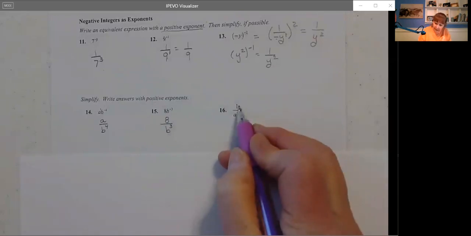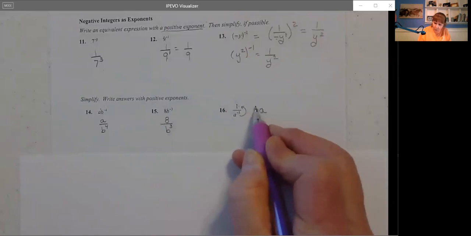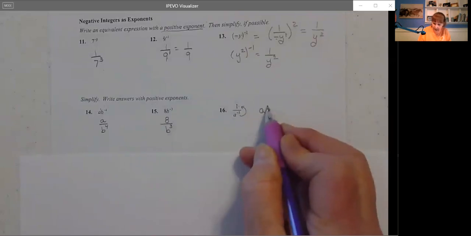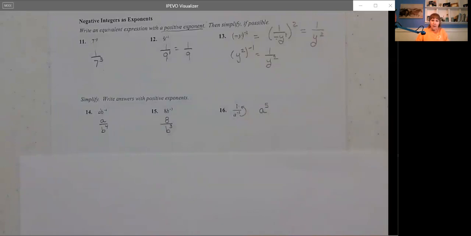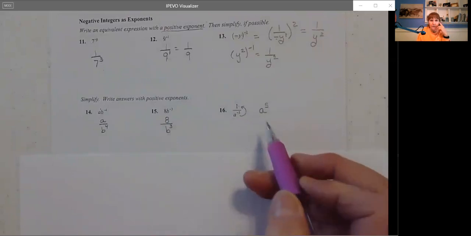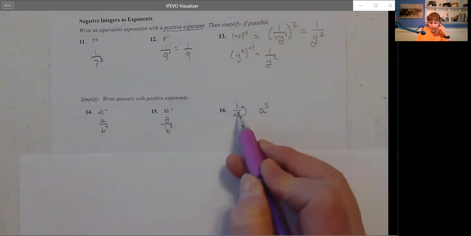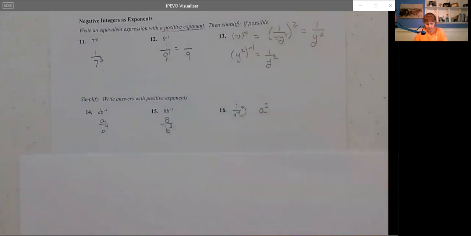The 1 stays, and this will come up. 1 times A is just the A to the 5th. So a negative exponent just flips it. You could think of it almost like a reciprocal. And it doesn't change the sign. It's not a negative A to the 5th. The exponent changes positions.